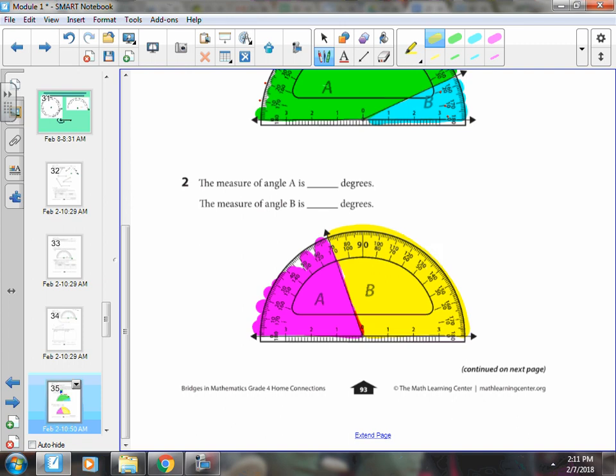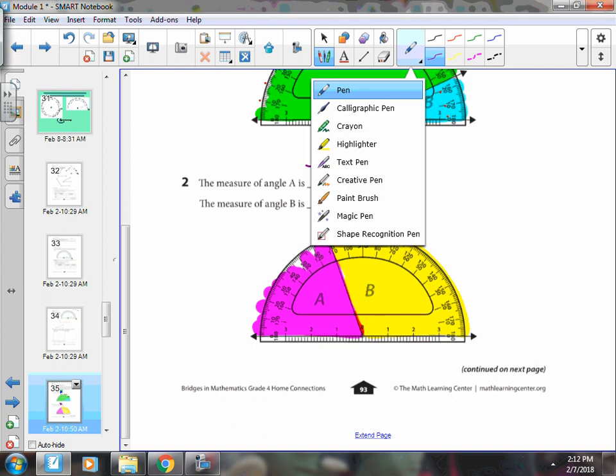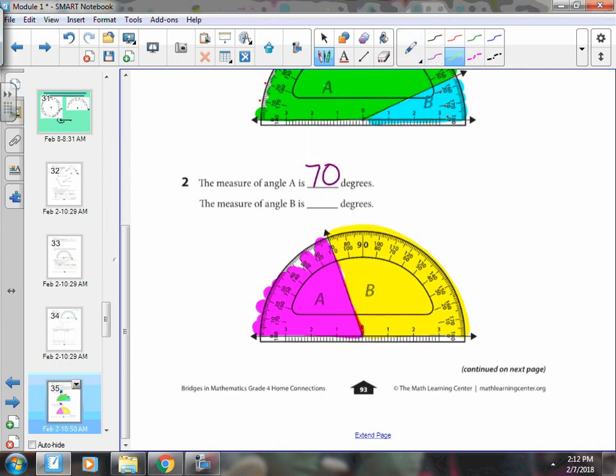Angle A, I can see that that ray is pointing right through 70 and 110. Well, A is an acute angle, so it's got to be the number that's less than 90. So I know that 70 degrees is angle A. And B, it might be hard to see yellow here, B must be the other number, 110. And B is obtuse, so it makes sense that it's 110 degrees.